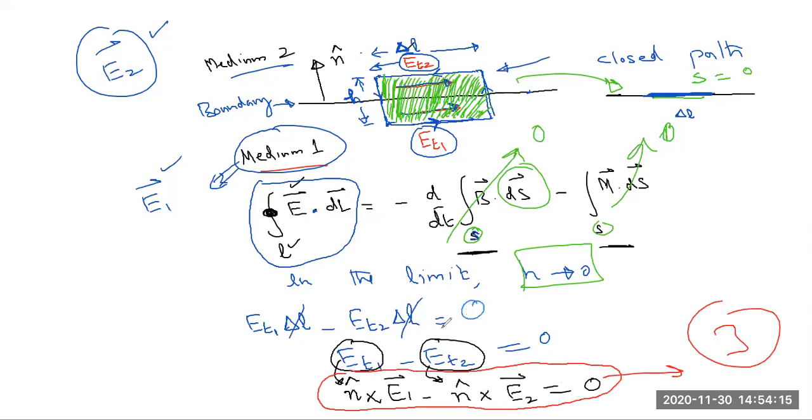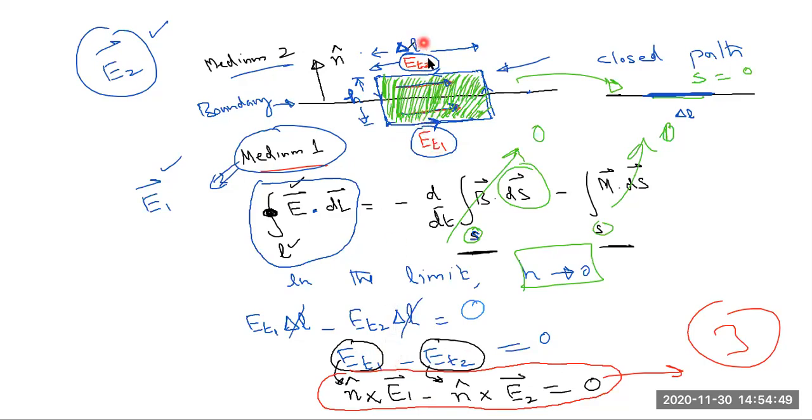But what is the meaning of this boundary condition? This boundary condition is telling us that the tangent component of the electric field is always continuous. Whatever tangent component of the electric field is on one side of the boundary, the same tangent component will be on the other side, because their difference is 0, which means they are both equal.